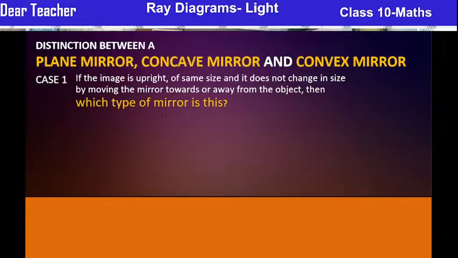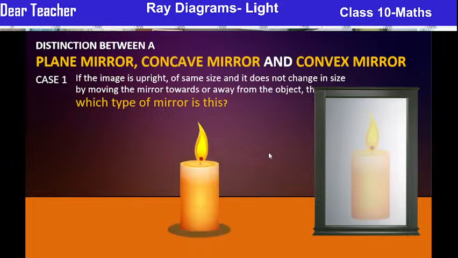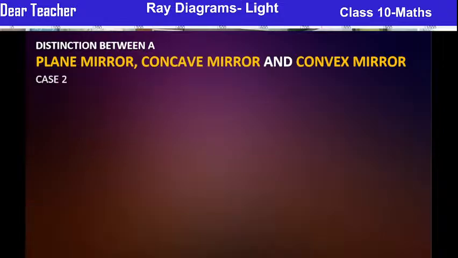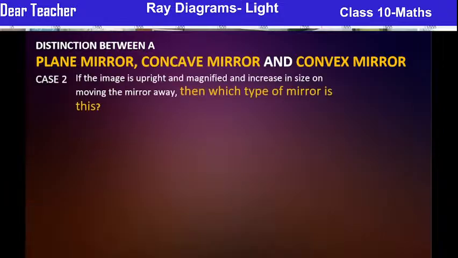If the image is upright and of the same size, and it does not change in size on moving the mirror away, then which type of mirror is this? Plane mirror. If the image is upright, magnified, and increases in size on moving the mirror away, then which type of mirror is it?